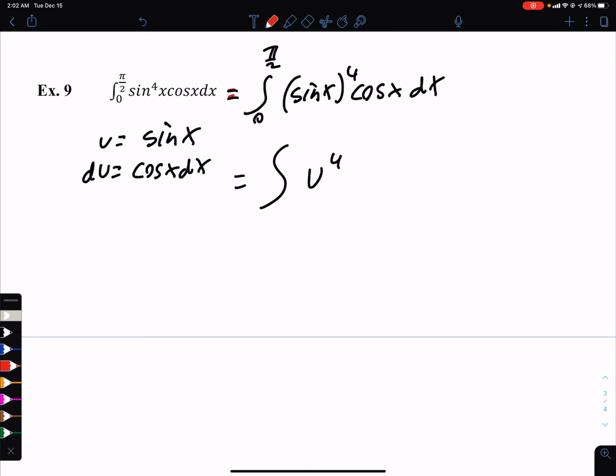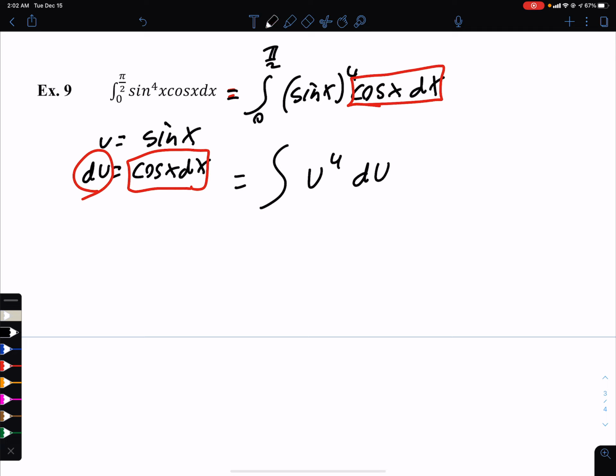Well, life is beautiful because that is right there. That gets replaced with du. Sweet. It worked out nicely, did it not? I'm almost done, but these are x's. I got to convert them to u's. So when x is 0, u is sine 0, which is 0, because that's what u is. I use that u equation.